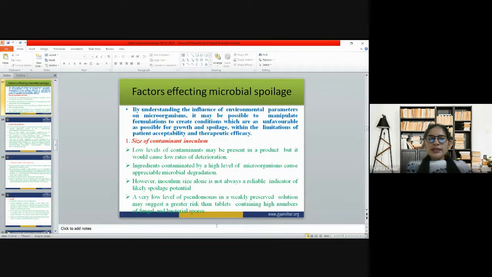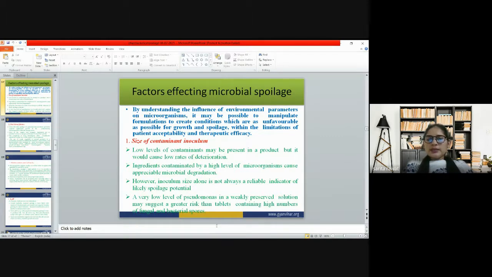The first thing is the size of the contaminant inoculum. A low level of contaminant may be present in a product, but it would cause a low rate of deterioration.